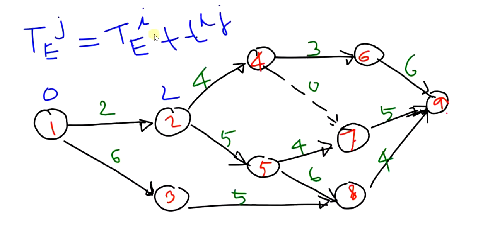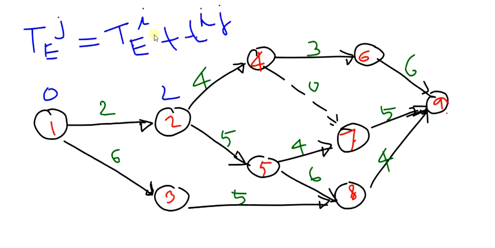TEJ is the TE value of the jth node and TEI is the TE value of the ith node. For example, for activity 1, 2, TEJ is the value of TE for event number 2, that is the head event.